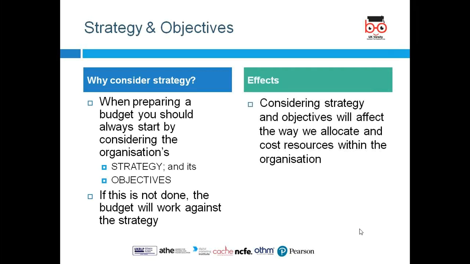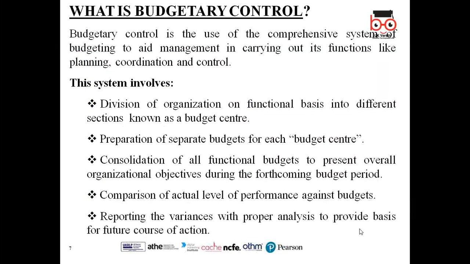Okay, so every organization has a strategy, meaning an action plan, and we always need to back it up with a budget. Budgetary control is a comprehensive system of budgeting to assist management in carrying out functions such as planning, coordination, and control.